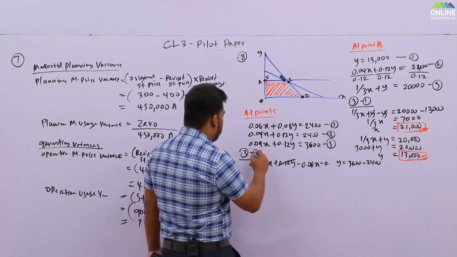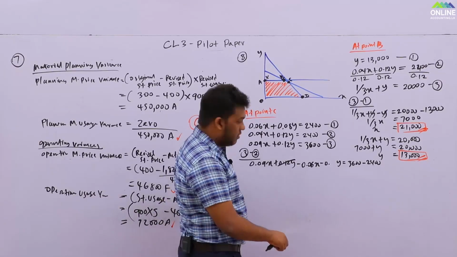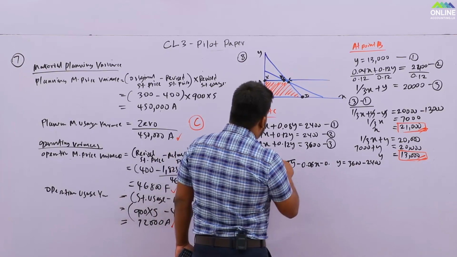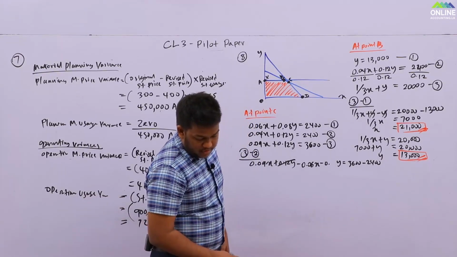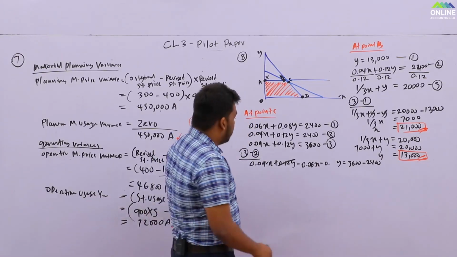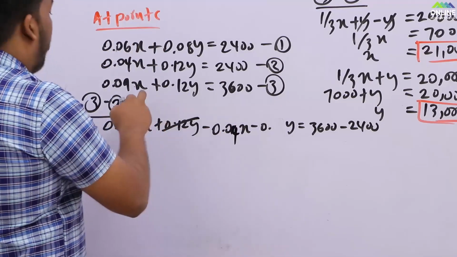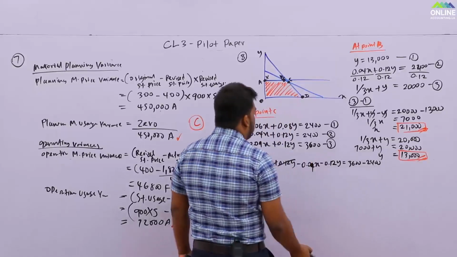Third minus second. So this is 0.04x plus 0.12y.